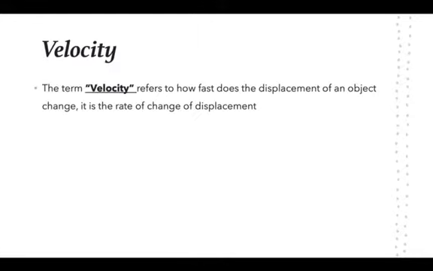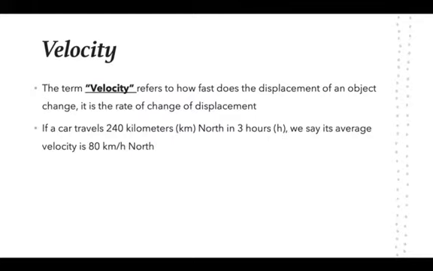Now, velocity, on the other hand, refers to how fast the displacement of an object changes. In other words, it is the rate of change of displacement. In a previous video, we talked about displacement. We talked about how displacement was a change in position and that it takes direction into account as well.